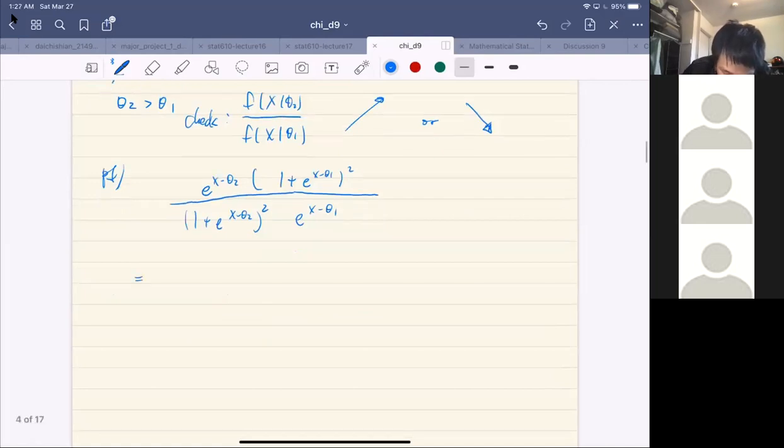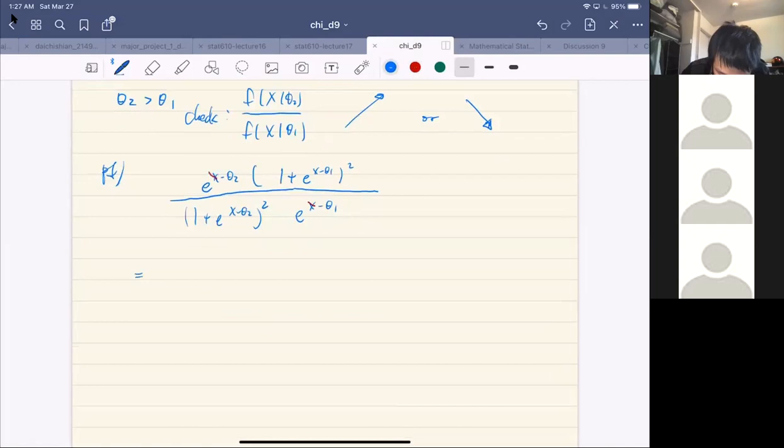We can cancel, so it can be e to the (theta 2 minus theta 1) and this.